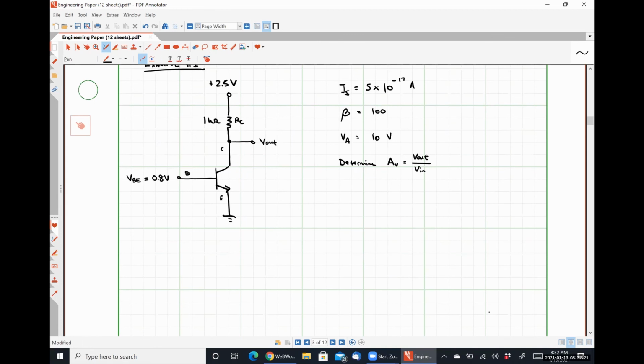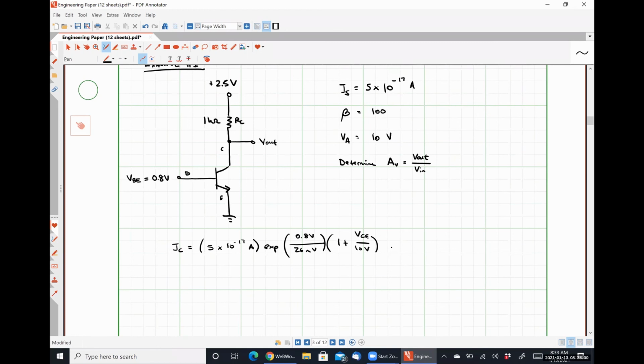We can see easily that, by definition, our collector current should be IS, which is 5 times 10 to the negative 17 amps, times the exponential of 0.8 volts divided by 26 millivolts, which is our thermal voltage, times 1 plus VCE divided by our Early voltage of 10 volts.